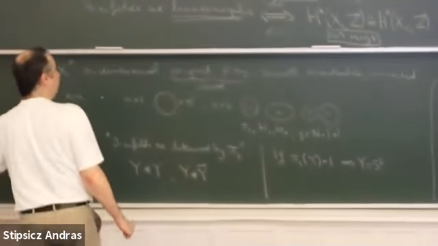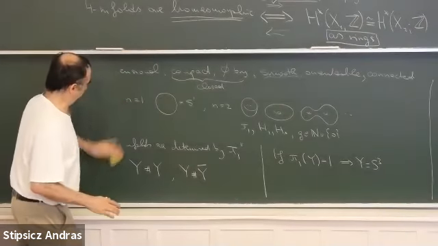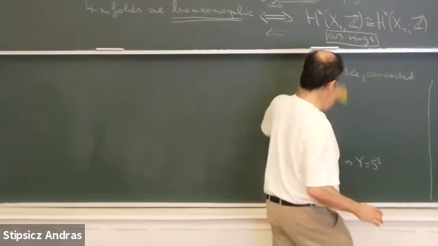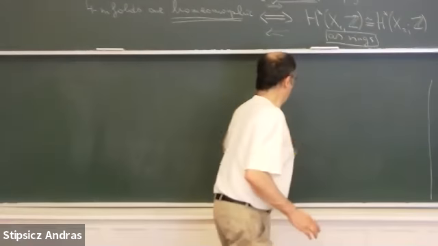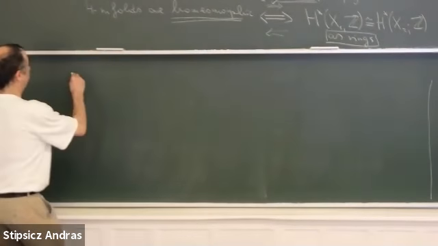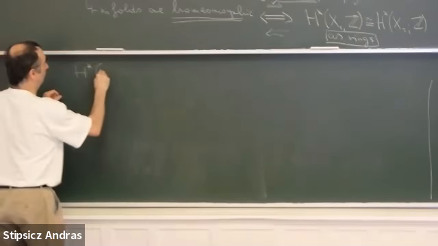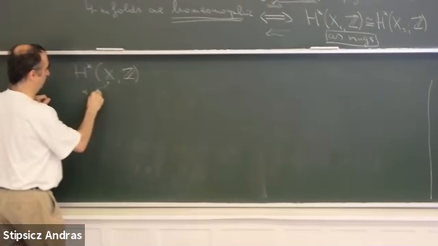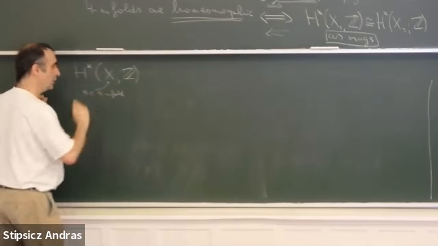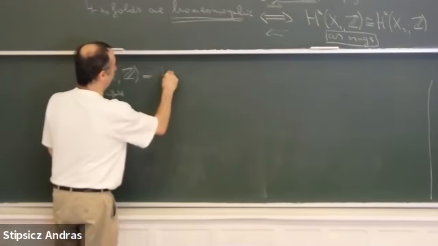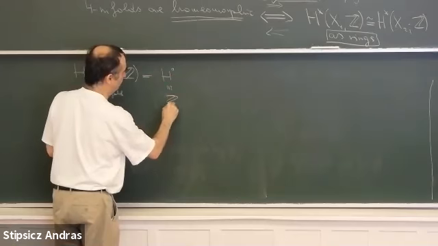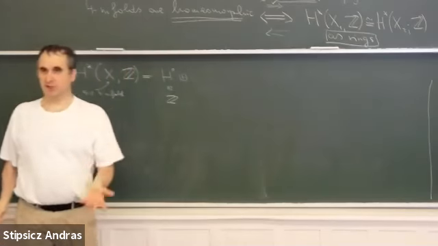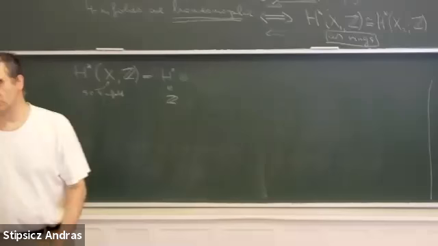Okay, so let me elaborate a little bit about the cohomology ring of a simply connected four manifold. Well, what is the cohomology ring of X? This is a simply connected four manifold. So we have H0 isomorphic to Z, and then we don't have H1 because it's simply connected, so the first homology and first cohomology vanish.